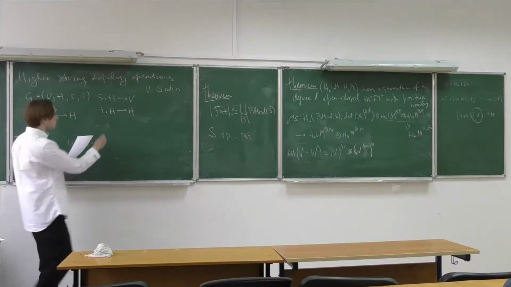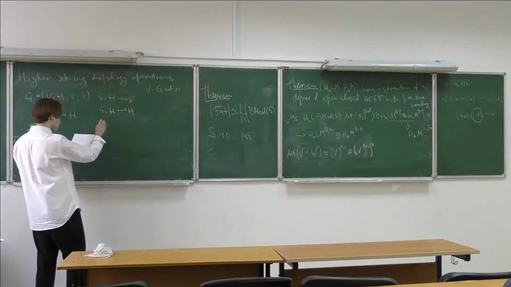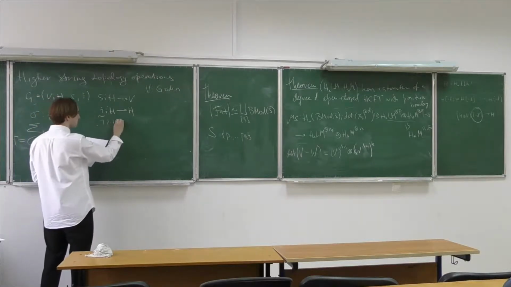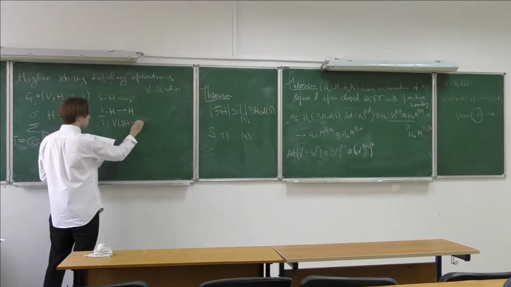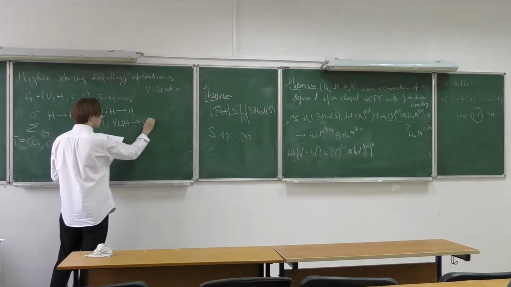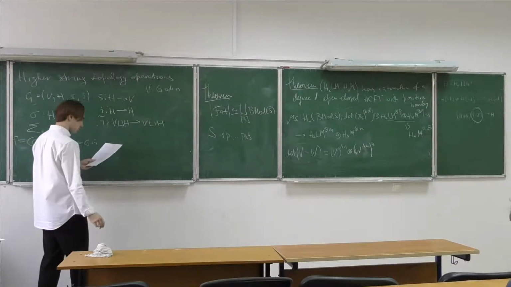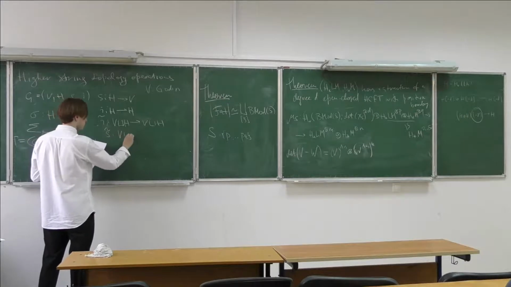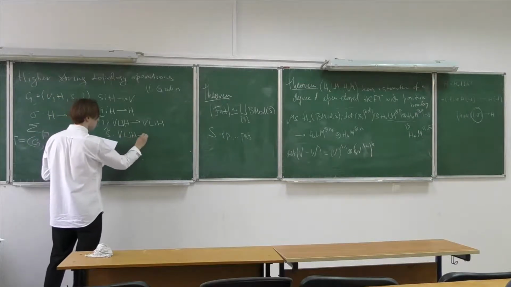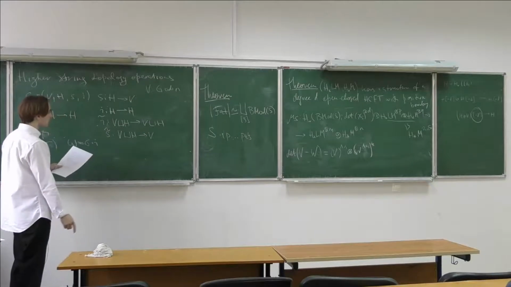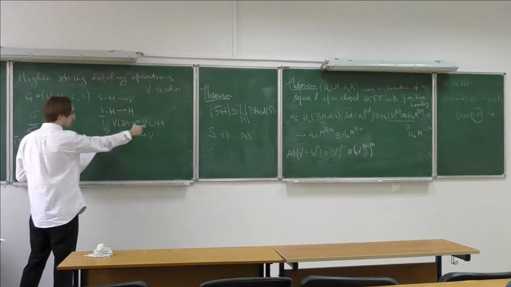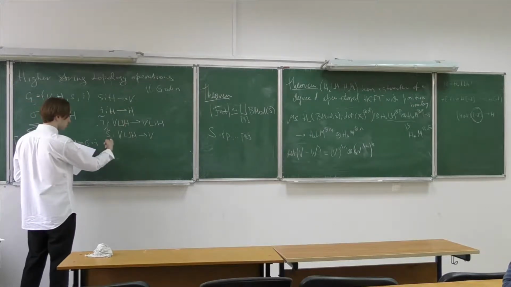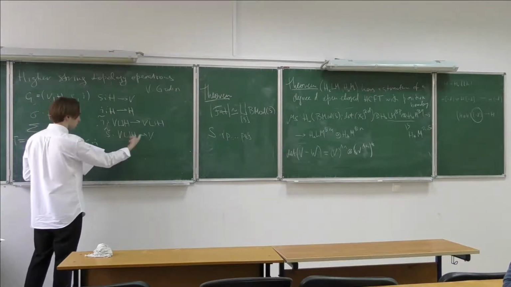If we look at these maps, then we can extend them to maps from the disjoint union to the disjoint union, and then we can extend the source map from the disjoint union to the set of vertices. This extension is trivial on the vertices, and this extension is once again trivial on the vertices.